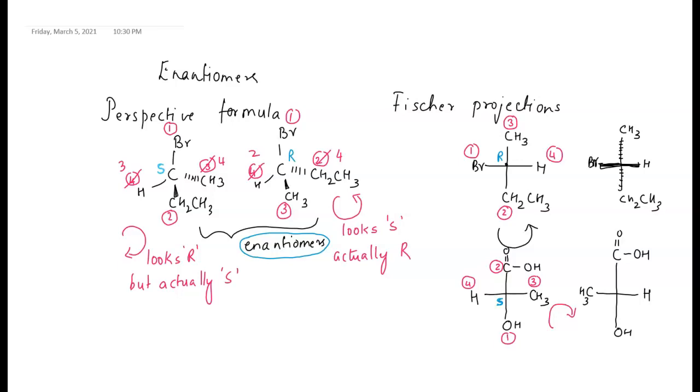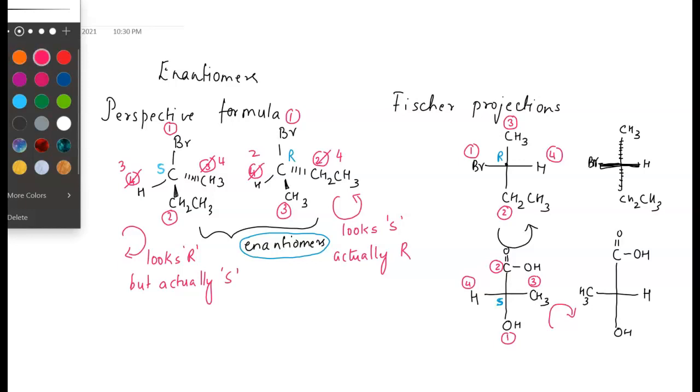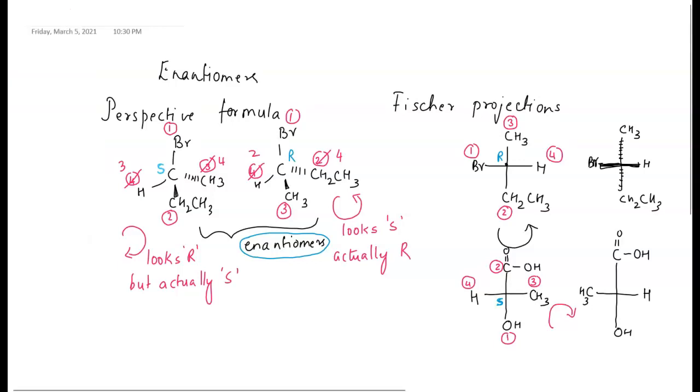And you can check if you have correctly drawn the enantiomer by again putting the priorities here, 1, 2, 3, and 4, right? So remember, when we do the wheel, you always have to go from 1 to 2 to 3. So here we are going from 1 to 2 to 3.